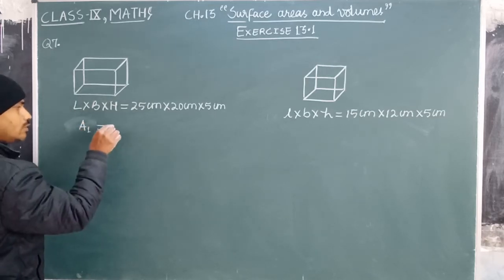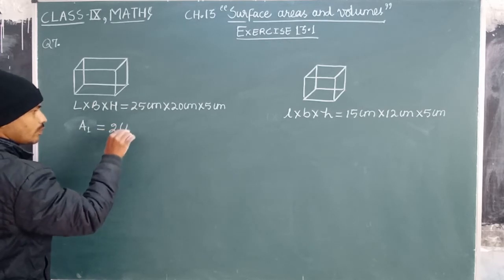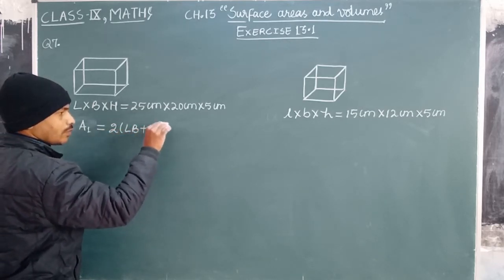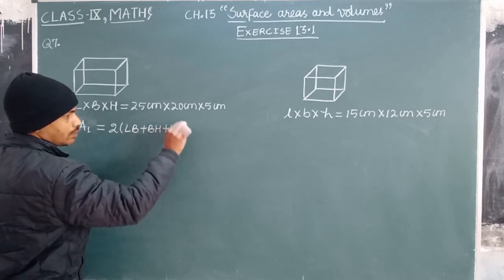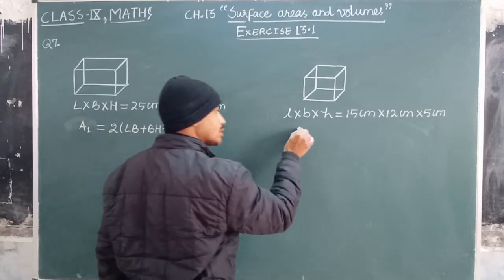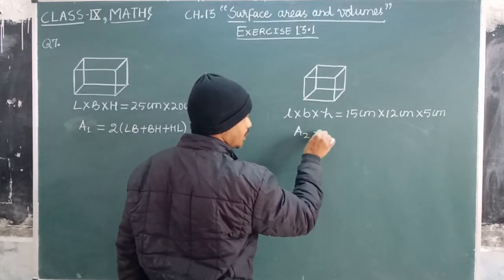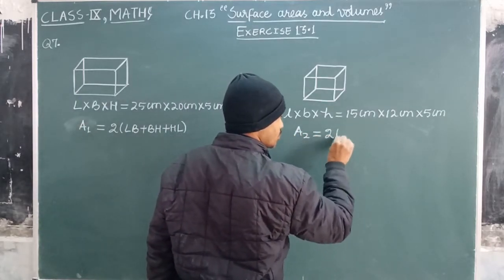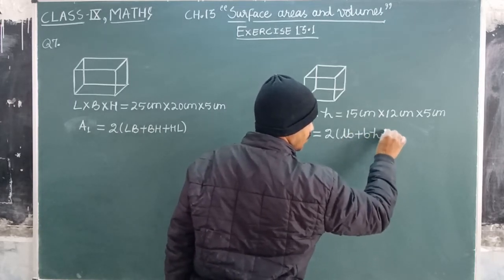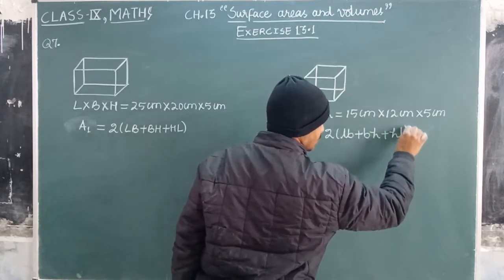This equals 2 times LB plus BH plus HL. That's the TSA of the bigger box. And here TSA of the smaller box, let this be A2, and this equals 2 times LB plus BH plus HL.